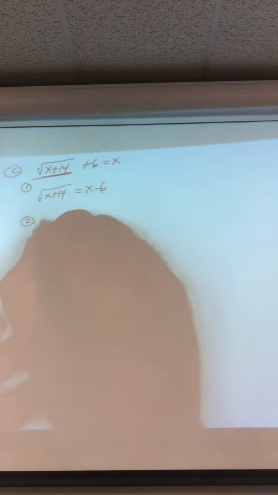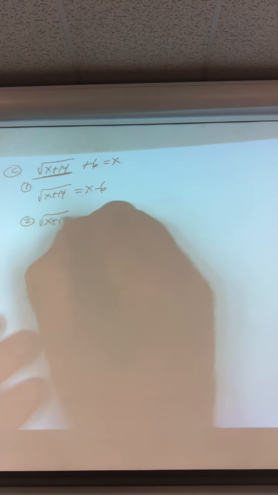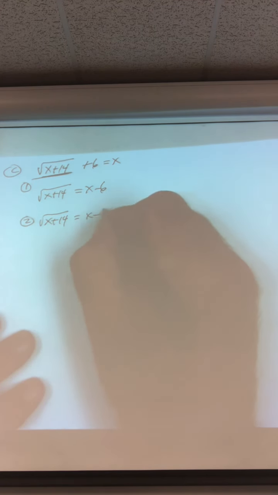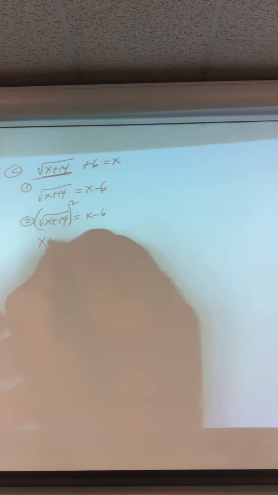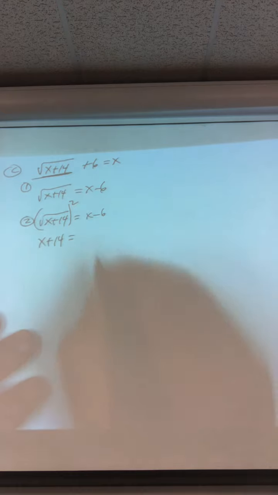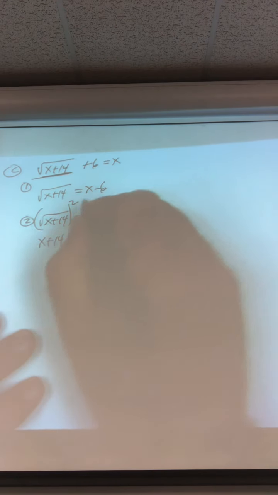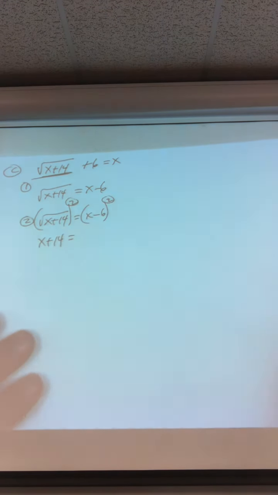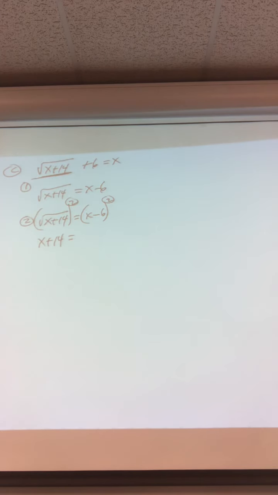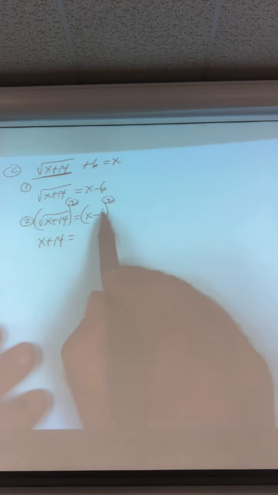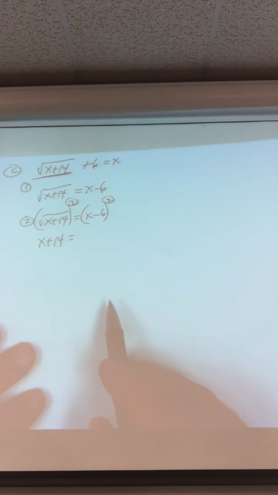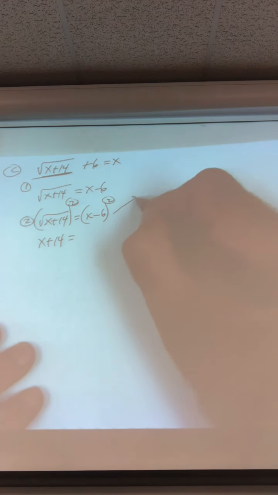Step 2, square both sides. This is the next thing that makes it different. When you square the left side, that is easy. But when you square the right side, this is where we usually make our mistake. Because what a lot of students will do is say x squared plus 36, or x squared minus 36. That is not how you square this. Let me come to the side.